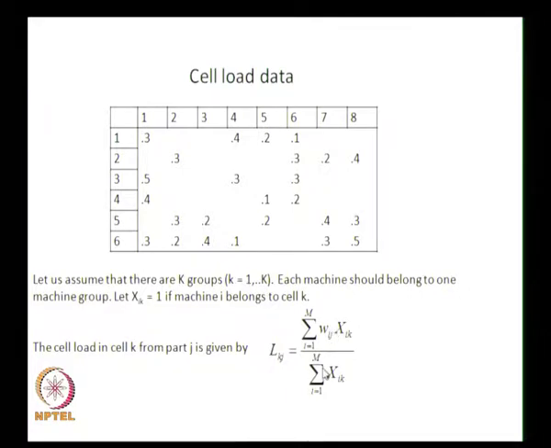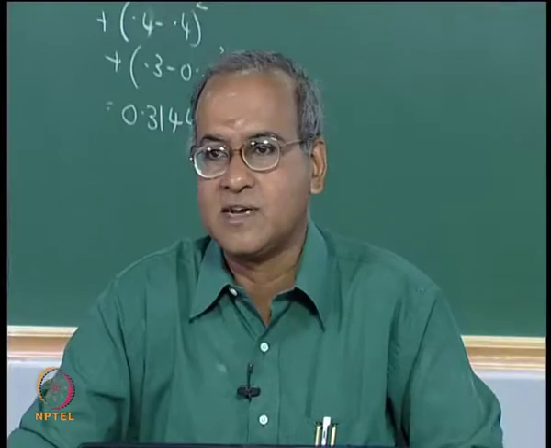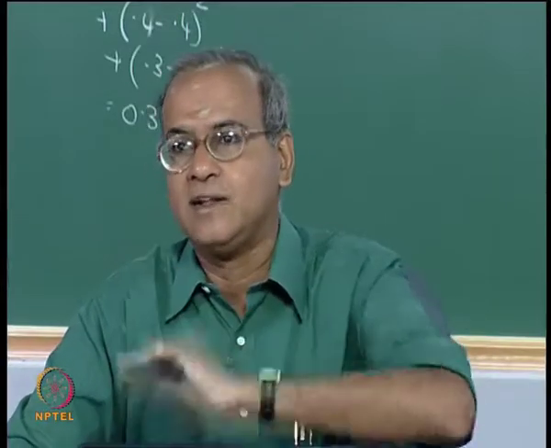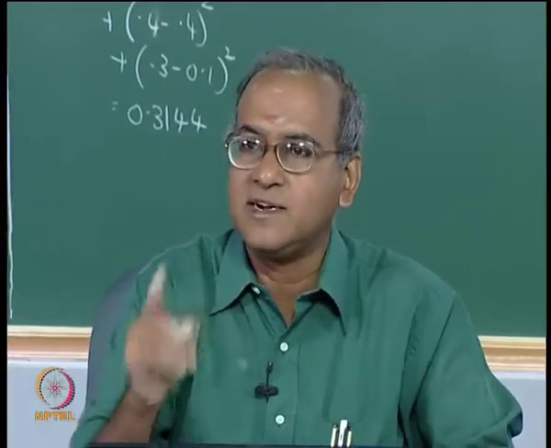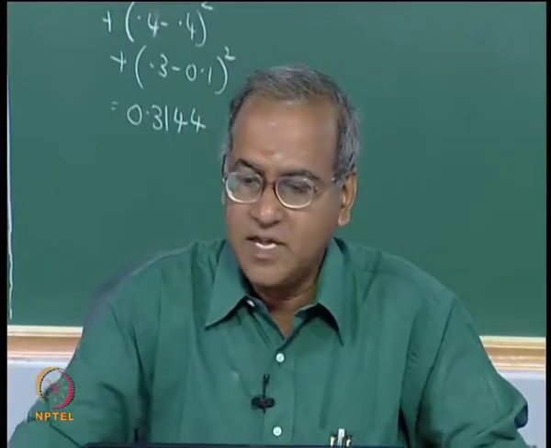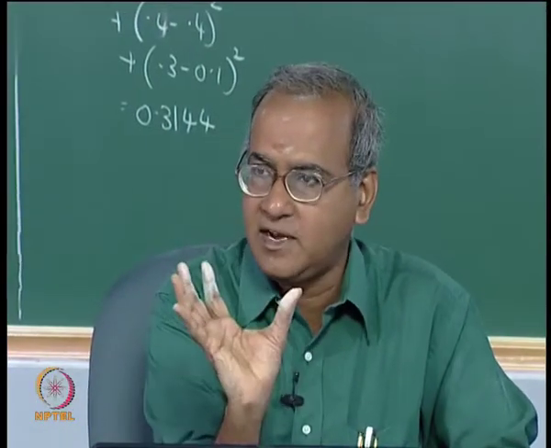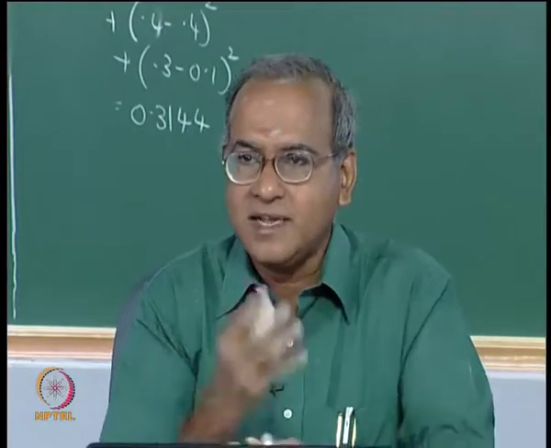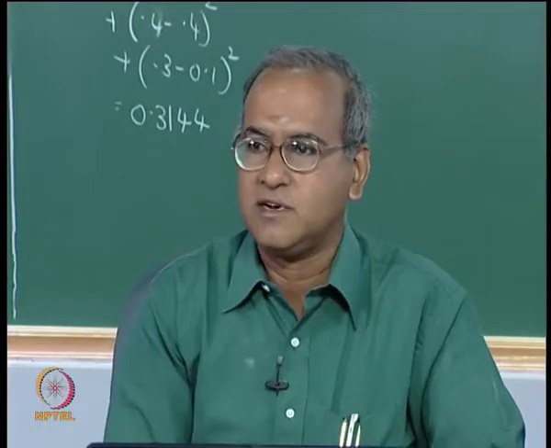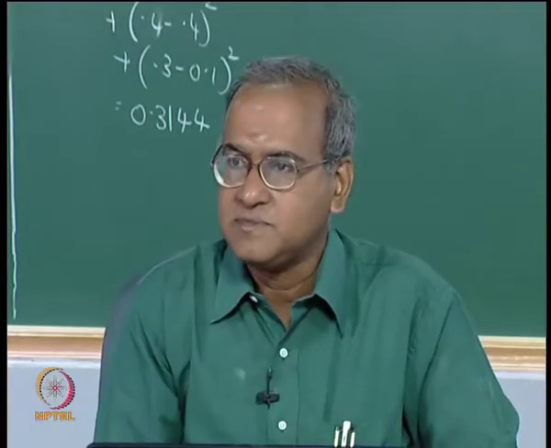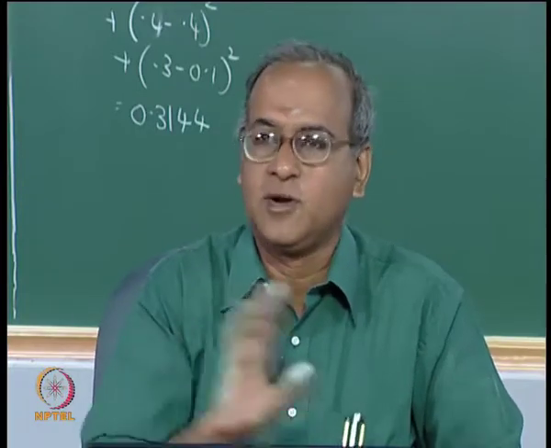Not only does it depend on xiks, it depends on xiks both in the numerator and in the denominator. So, it is not only quadratic, it is some form of a fractional program where the variables come both in the numerator and in the denominator, plus it is quadratic. So, even though this formulation is very nice and special, it is not easy to solve this formulation to optimality comfortably.